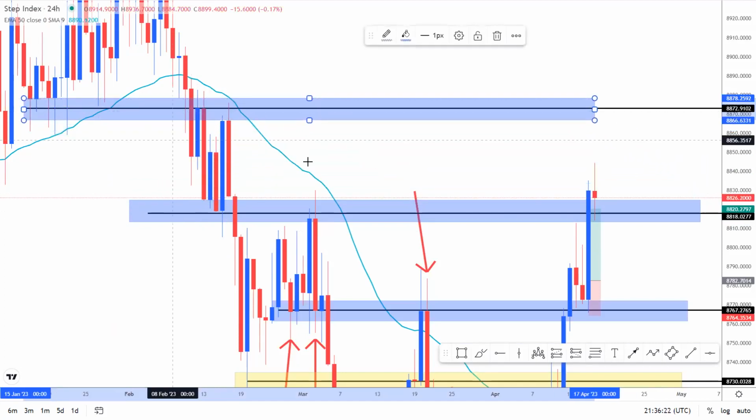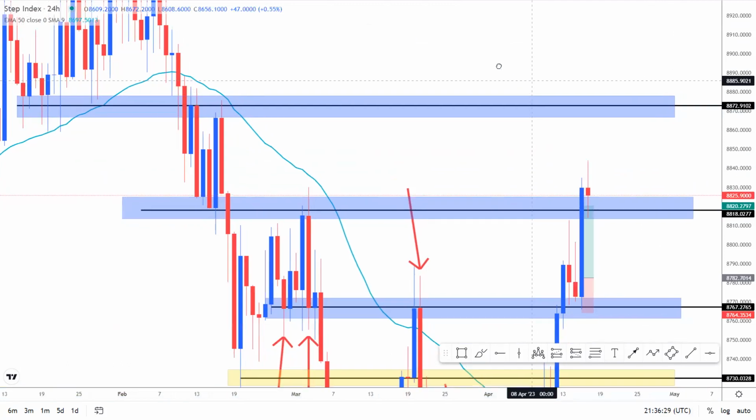That's an indication that price is most likely going to come into this level right here.